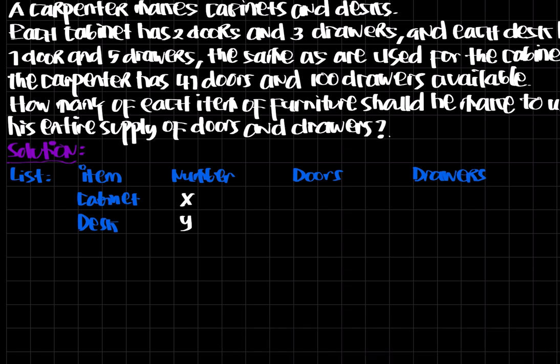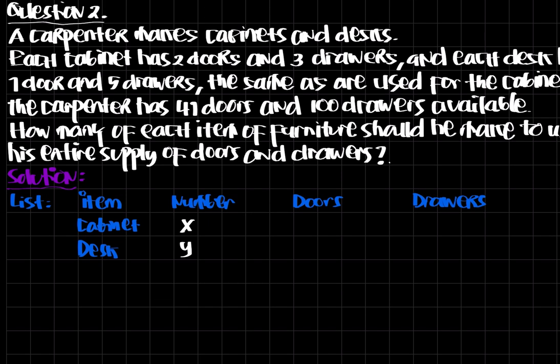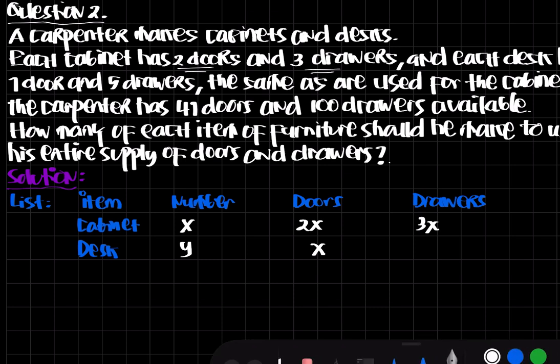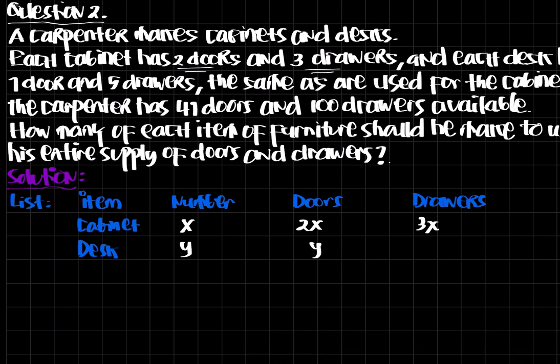Now it says that each cabinet has 2 doors and 3 drawers, so you can do 2 times x for doors and 3 times x for drawers. Now look again at the desk. Each desk has 1 door and 5 drawers, so that's just y for doors, and 5 times y for drawers. Sorry, this is exactly y.